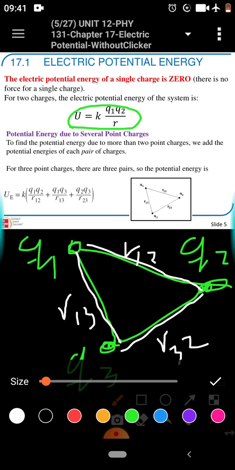From there you can use this equation to calculate the potential energy for each pair. How many pairs do we have? We have 1, 2, 3. Hence this equation. This is how you find the potential energy of three points.